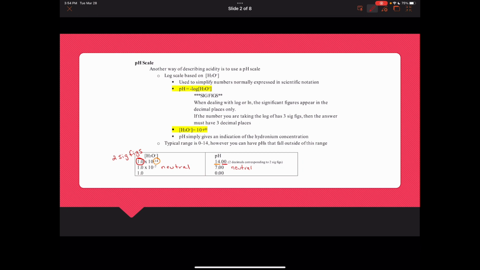Now, if my hydronium concentration was greater than 10 to the negative 7th, so anything larger than 10 to the negative 7th, that was going to be acidic. And so between 7 and 0 on my pH scale, we're going to look at acidic. And then if my hydronium concentration was less than 10 to the negative 7th, that was because the hydroxide was greater, and that was going to be basic.